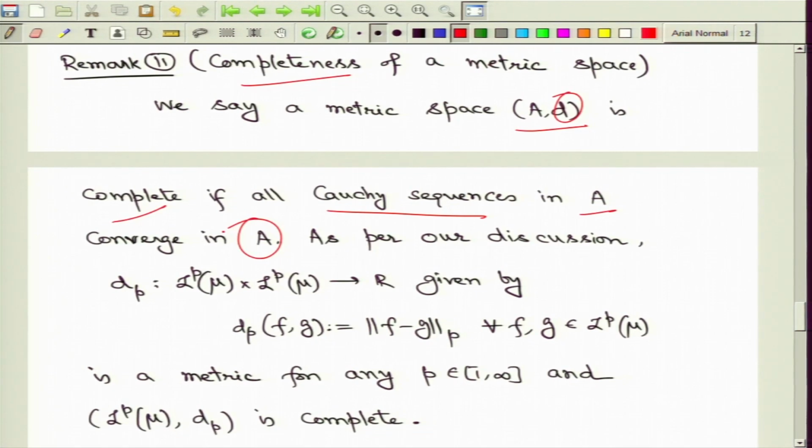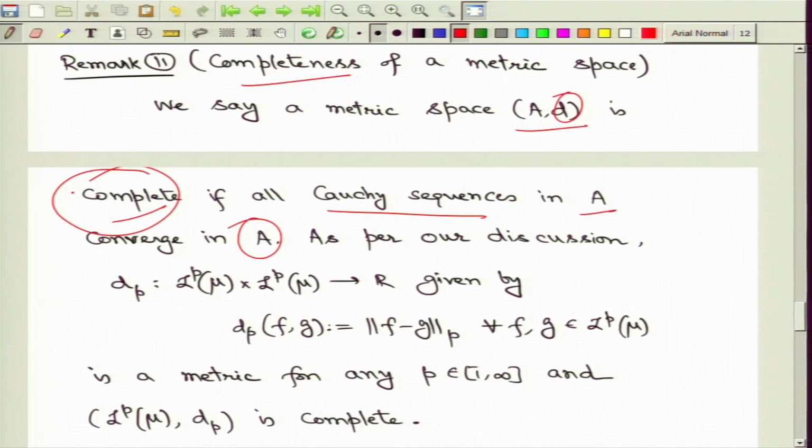Remember, this kind of property is true on the real line, meaning if you take a real valued sequence and if such sequences are Cauchy, then they must converge. So, we want to talk about a similar property for general metric spaces, and we refer to such properties as the completeness of this metric space.